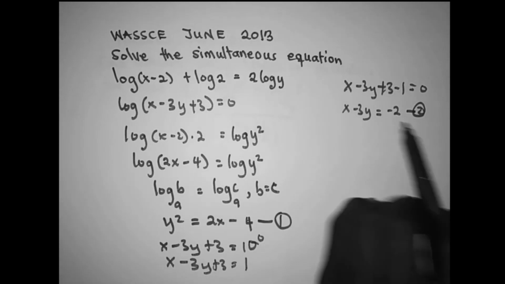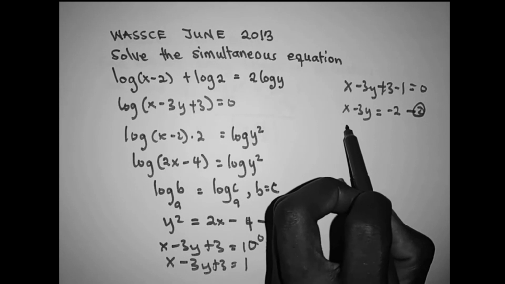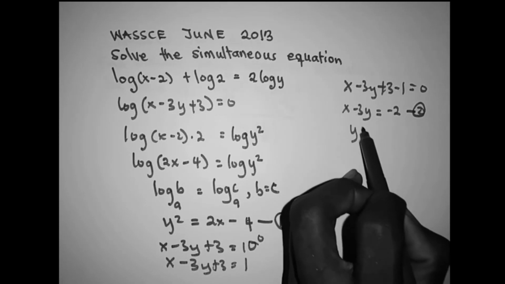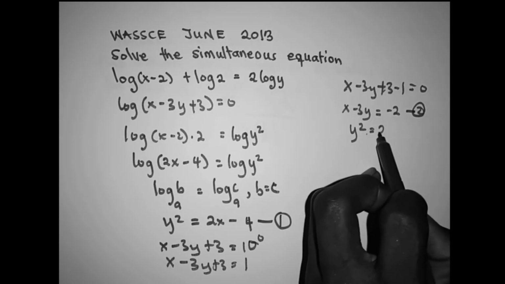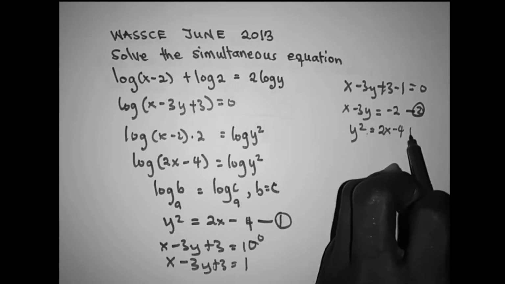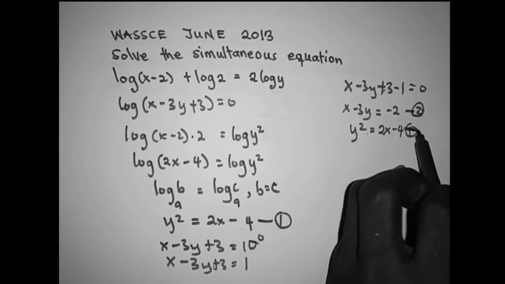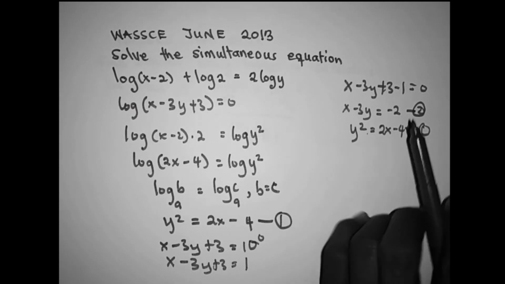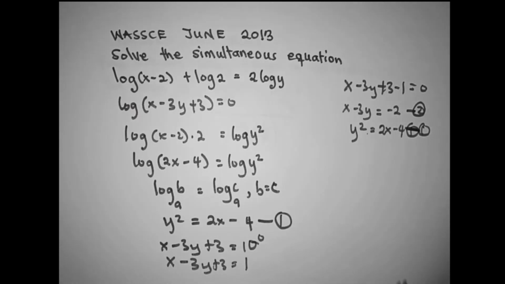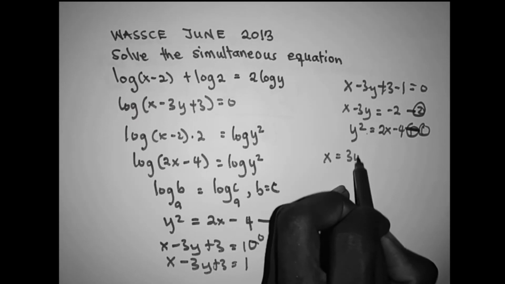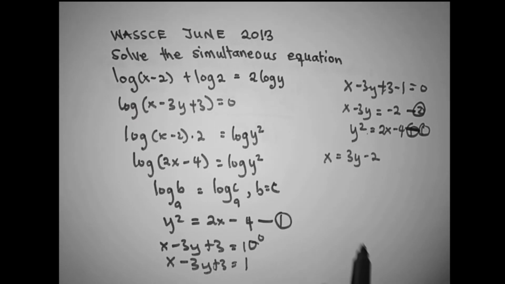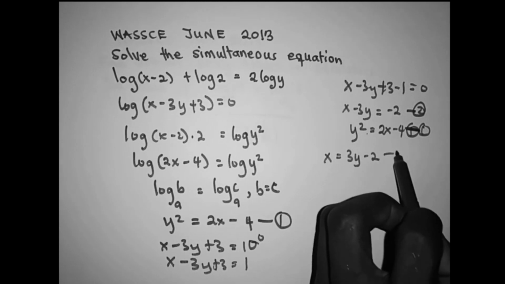So let me write the equation 1 down. The equation 1 is y squared is equal to 2x minus 4. So this is equation 1. So from equation 2, we can see that x is equal to 3y minus 2. So this is equation 3.